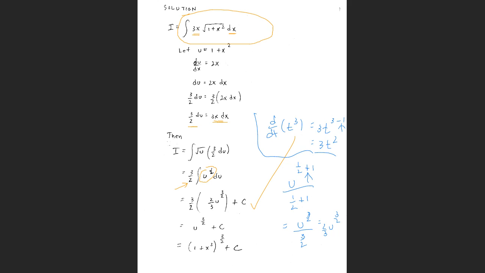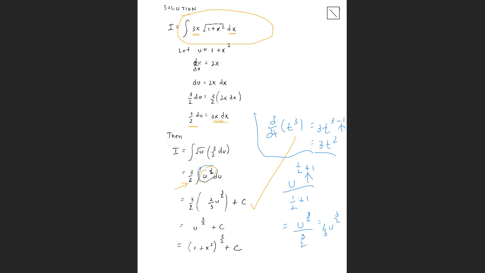Professor? The only thing that I'm not getting is how do we get the 3 halves? I don't understand that part. Well, with the u to the half, you've got to increase the power by 1.